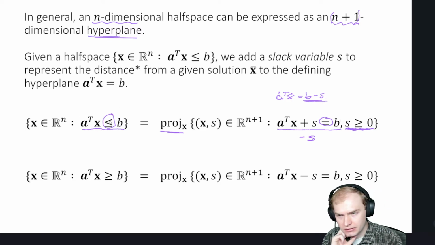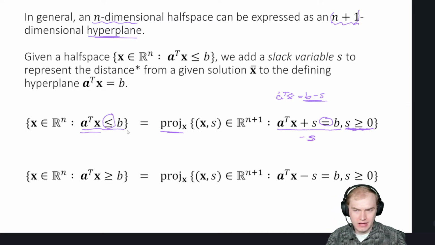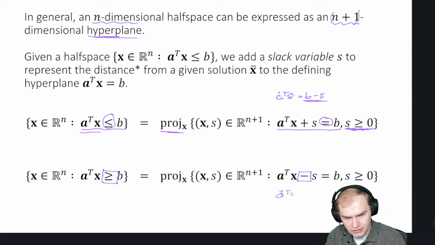Just like our inequality here, ax can't get any bigger than b, but it can be as small as we need it to be. Now if we have a greater than or equal to in our half space, then we instead subtract s, so that A transpose x equals b plus s.